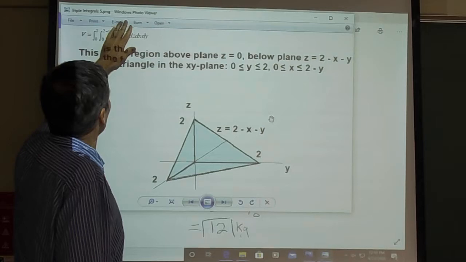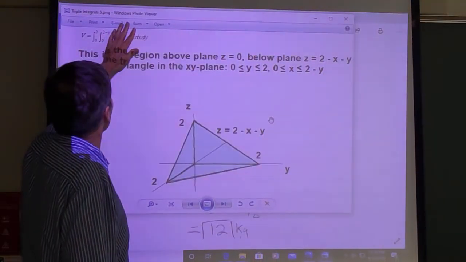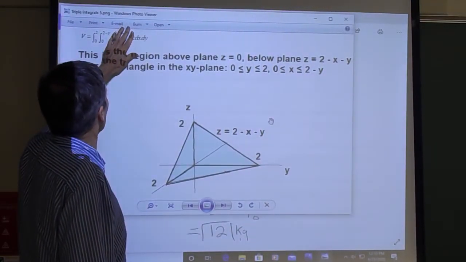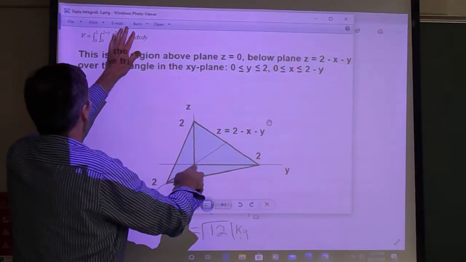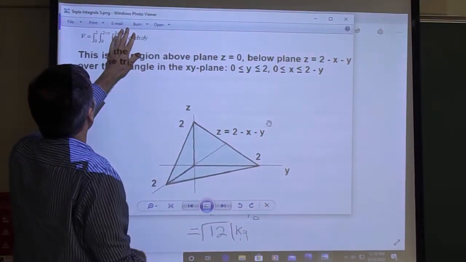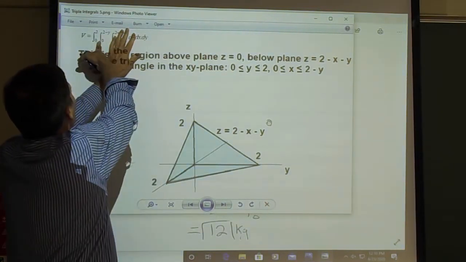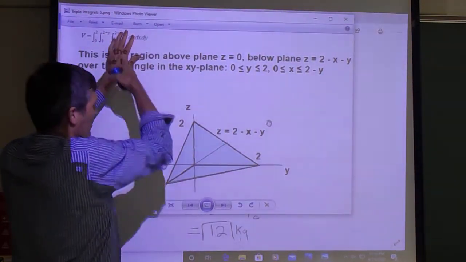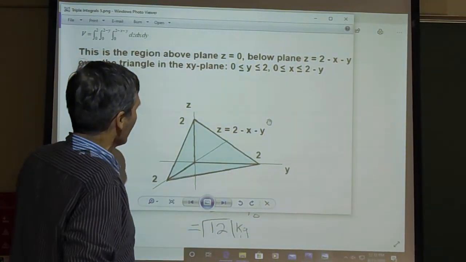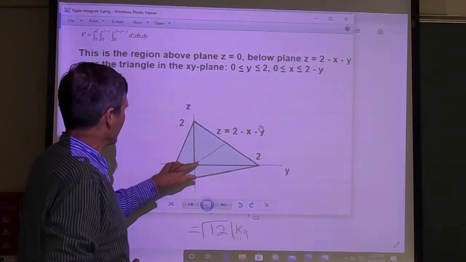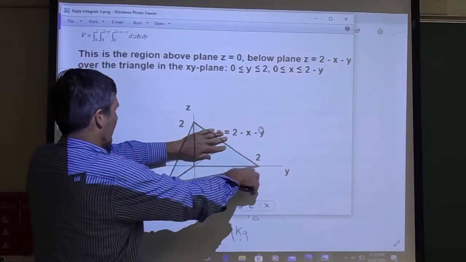And I say, well, now what is this plane region when x goes from 0 to 2 on the x-axis and y goes in the plane between 0 and 2 minus y? This is the plane of projection that we're looking at, right down here. We're looking in the xy plane.